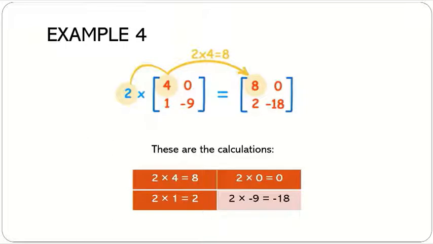2 times the matrix 4 0 1 negative 9, so you have to multiply all these entries by 2. So 2 times 4 we have 8, and then 2 times 0, 2 times 1, and 2 times negative 9. So we get 8 0 2 and negative 18.